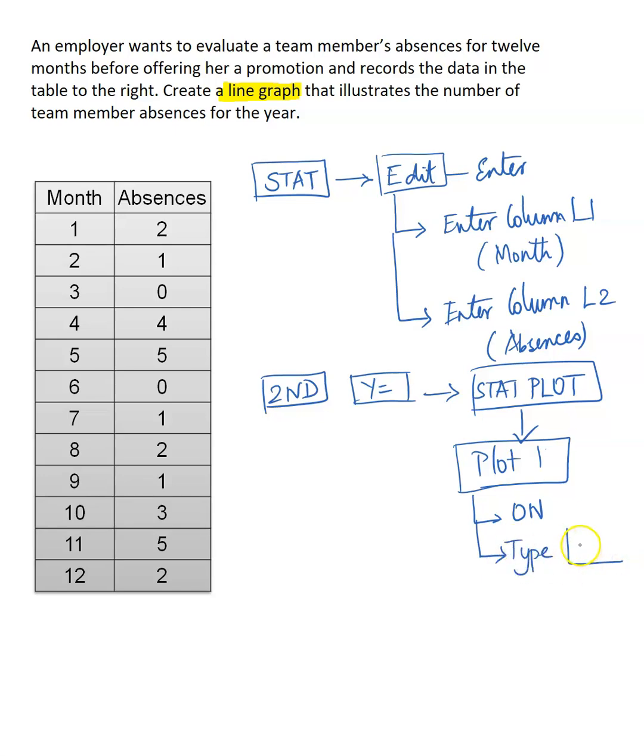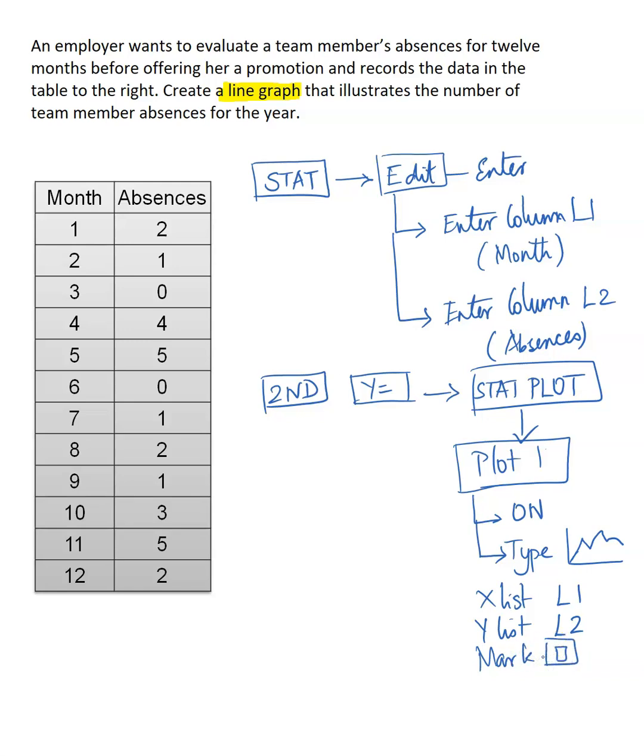That looks like that, right? The second one. In fact, the third one in the second row also looks somewhat like that, but no, just do this one, okay? And then you have the X list, that should be L1, Y list should be L2, and then your mark. It's that square. That's it.